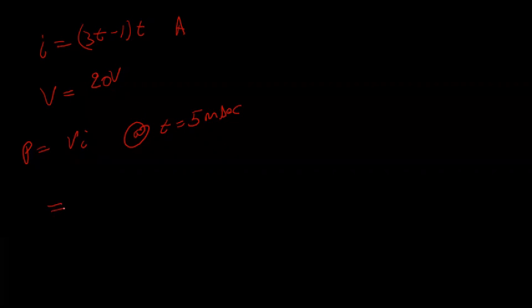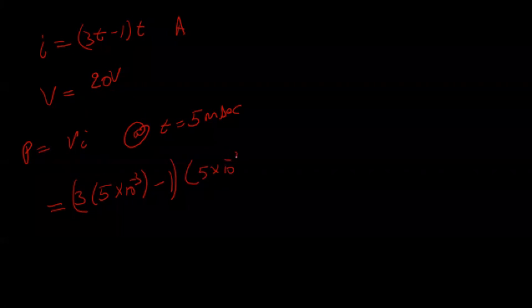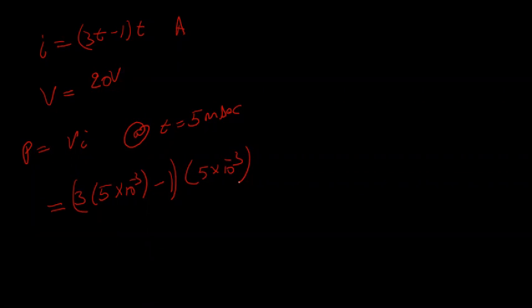So what I will do is 3 times 5 times 10 raised to minus 3, minus 1. T is again 5 times 10 to the minus 3. Now this is 5 milliseconds, which is 5 times 10 raised to minus 3 second. So always when we are given values in terms of milli, we have to convert that into seconds first. Once we do that, the rest is simply plugging in the values.